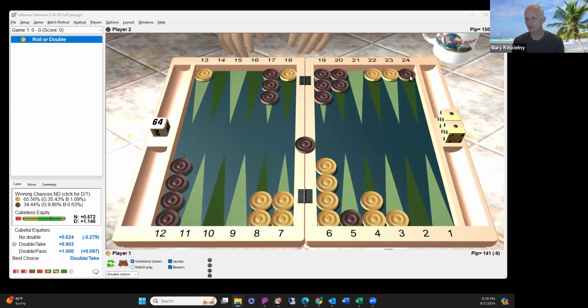So that racing advantage isn't so good. If you looked at the press system, you'd say, well, okay, we only get half a race, but because black has this checker up here, the race is misleading, and we really have more. We should give more credit for the race, even though the pip count doesn't say so.